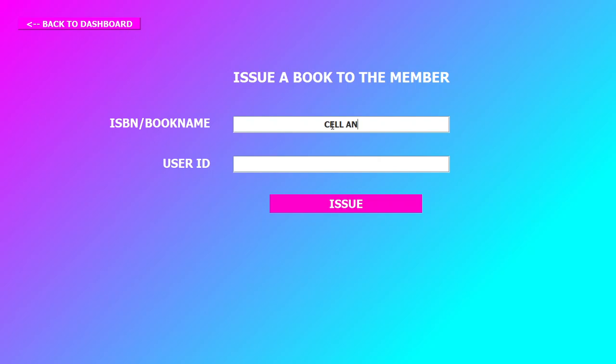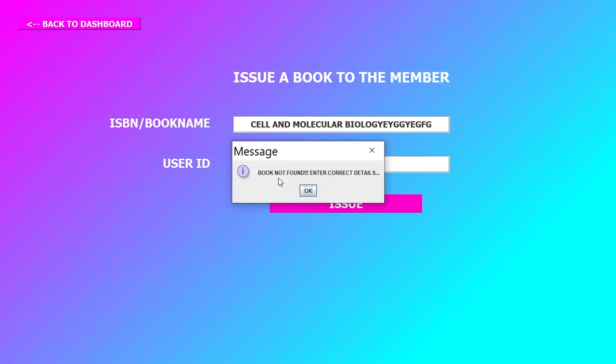Cell and Molecular Biology, lib002. Now after clicking this button, this book will be issued to this user. But if we enter some wrong details, a wrong book name, and try to issue the book, then it will show book not found, enter correct details.